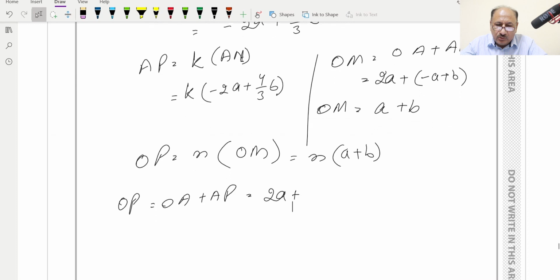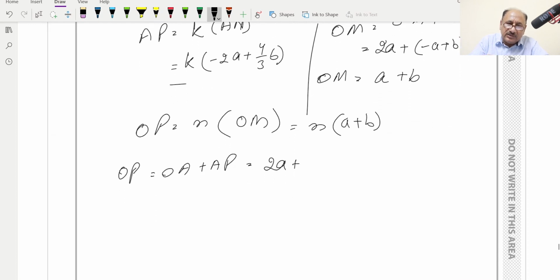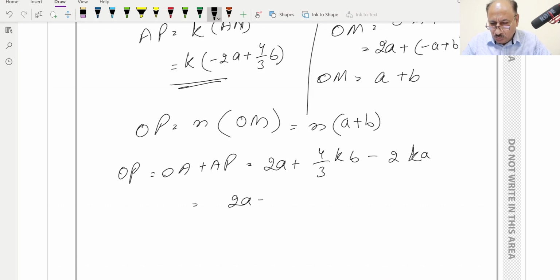We have calculated this AP value and we can utilize it over here: 4 by 3 KB and minus 2KA. Then we can further simplify. This will be 2A minus 2KA plus 4 by 3 KB, and this will be the value.